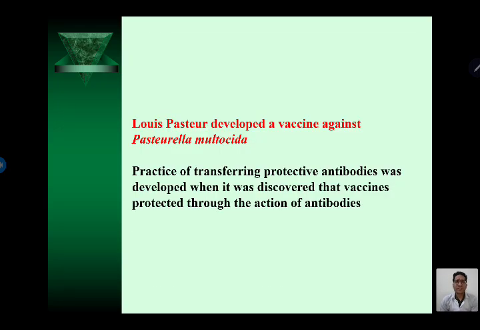Louis Pasteur developed a vaccine against Pasteurella multocida. The practice of transferring protective antibodies was developed when it was discovered that vaccines protected through the action of antibodies.